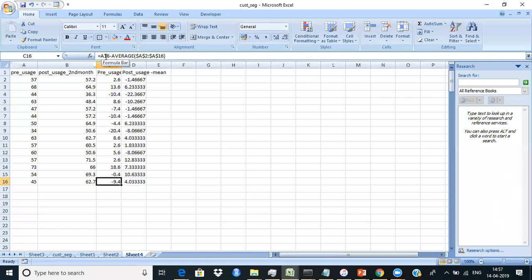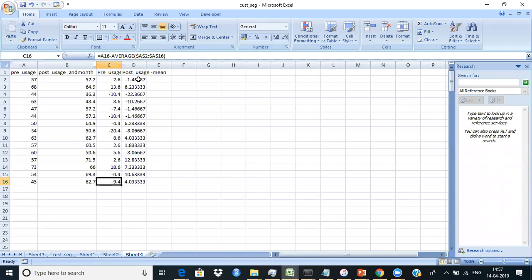Now, as soon as I do this, a very interesting thing happens. What is that? Roughly half of the values become negative, roughly half become positive. Make sense? Okay. Now, understand this.